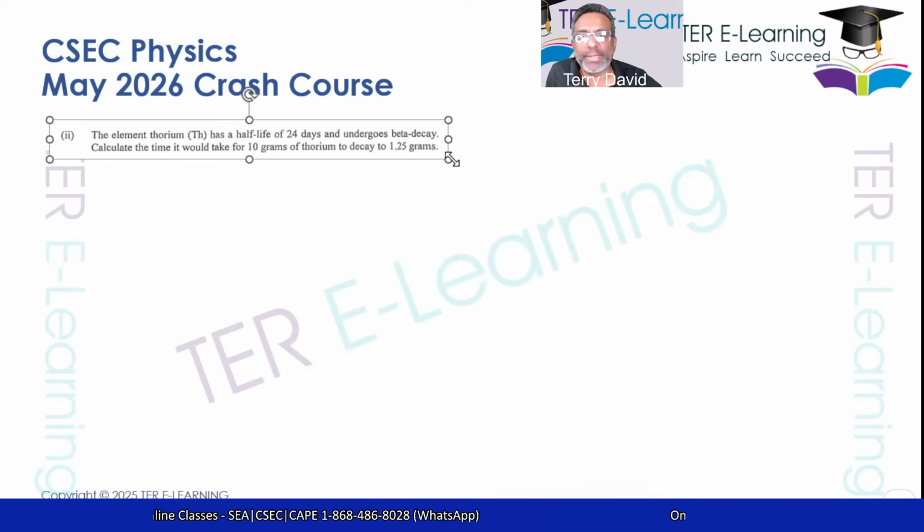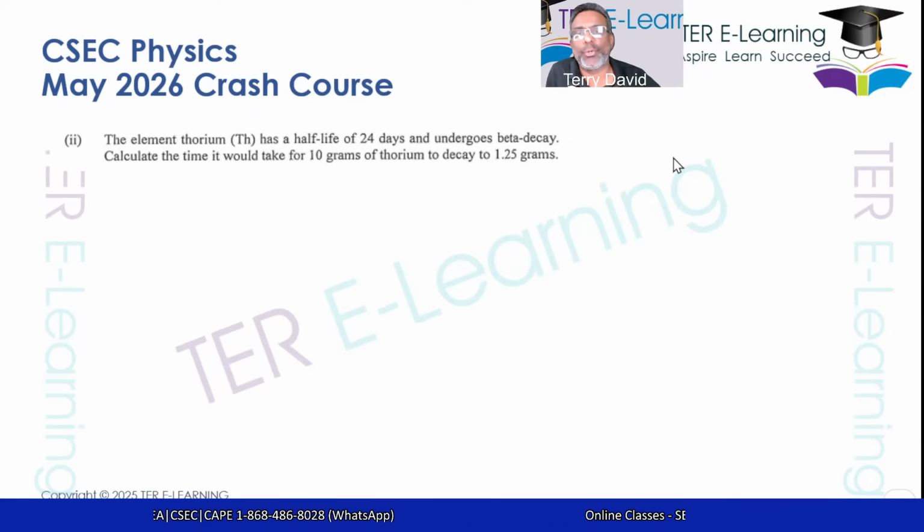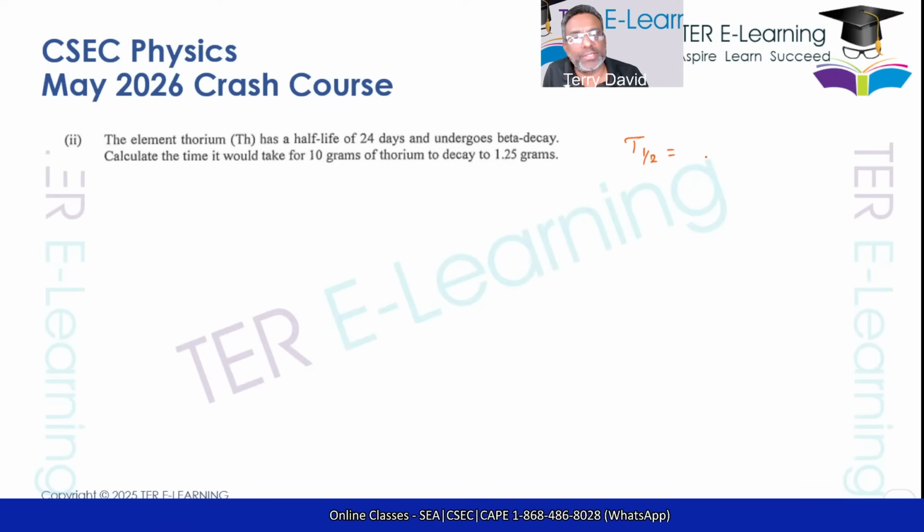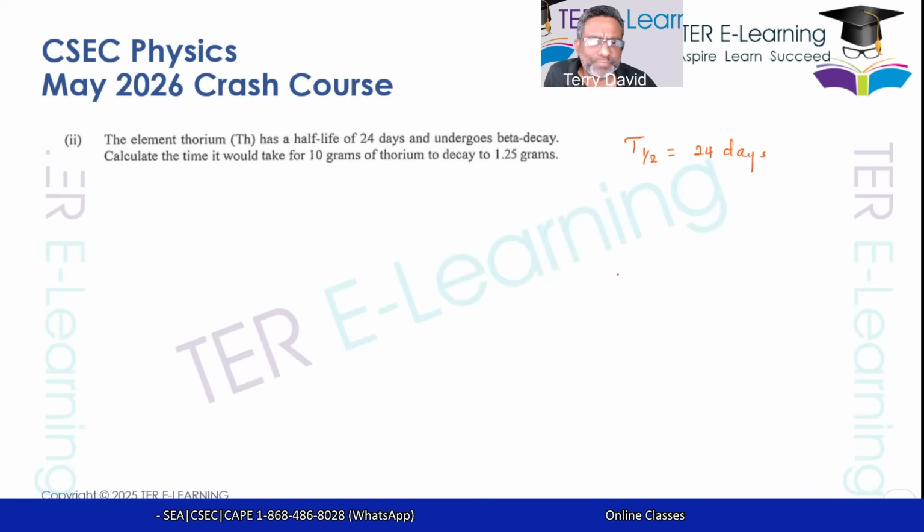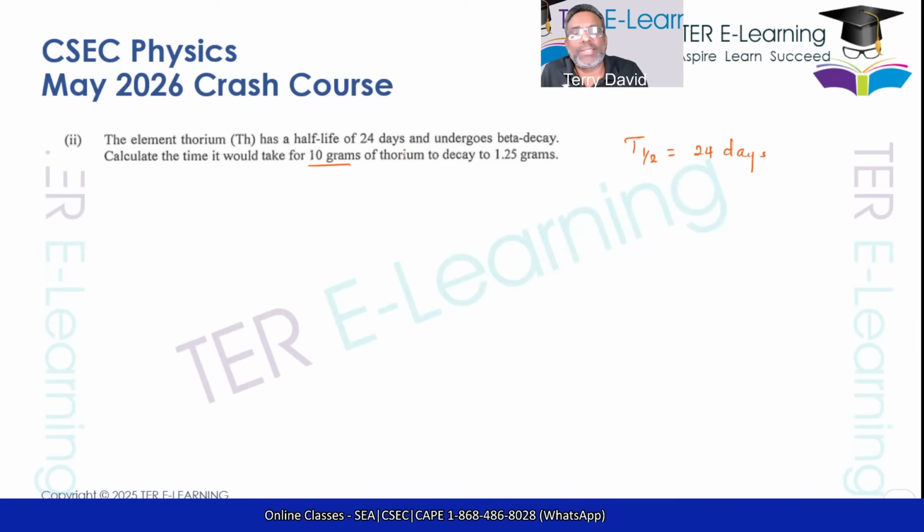All right, this next part here, we have thorium has a half-life of 24 days. So I like to write things down. So T half is 24 days, right? So it undergoes beta decay, and we want to calculate the time it would take 10 grams. So we're starting off with 10 grams of thorium, and we want to go to 1.25.